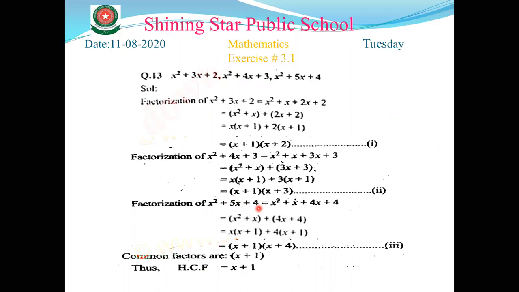So if we multiply 4 with 1, it will give you 4, and if we add them, it will give you the 5. Now we will combine the first two terms and the last two terms.